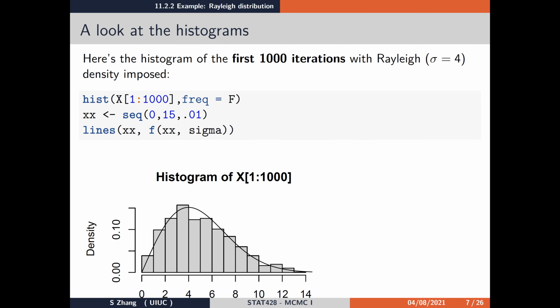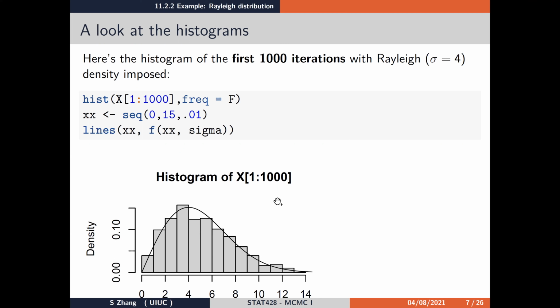So let's take a look at the histograms. What I want to show you is first a histogram of the first 1,000 iterations of the x's, that's our MH draws. I have also superimposed the Rayleigh sigma equals 4 density on top, so you can compare the two.